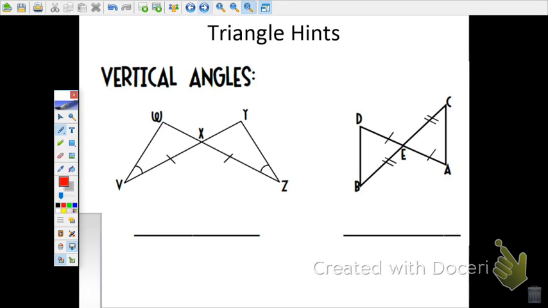Another thing we've been working with for several different units now is the idea of vertical angles. Anytime 2 lines intersect, we have vertical angles formed.